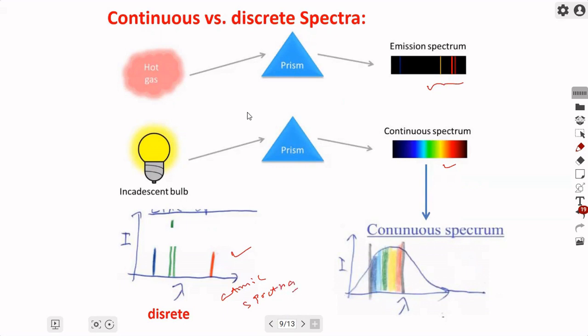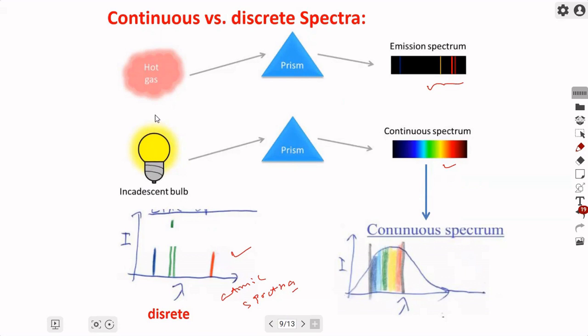Now, another example: what is an example of a continuous spectrum? Solar light, the sun rays, is an example of a continuous spectrum. All colors are there, similar to an incandescent lamp.